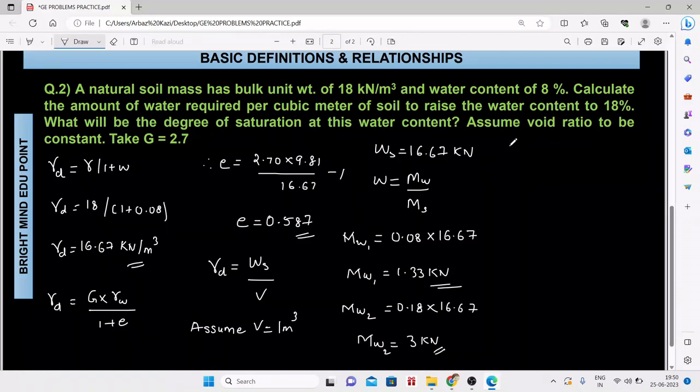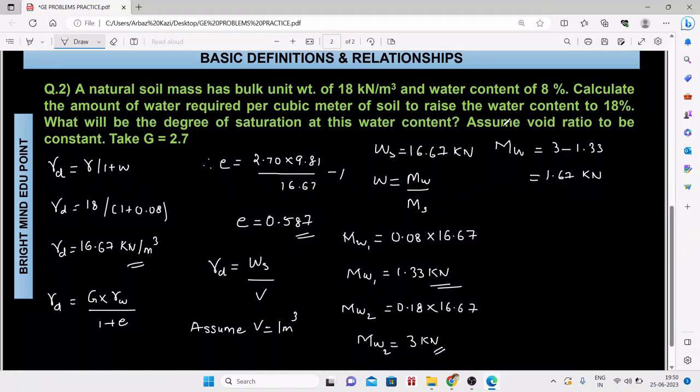So the amount of water required, that is represented by Mw, will be the difference in the weight of water in the two water contents provided, that is 3 minus 1.33. So 1.67 kilonewton of water per cubic meter will be required to raise the water content from 8% to 18%.